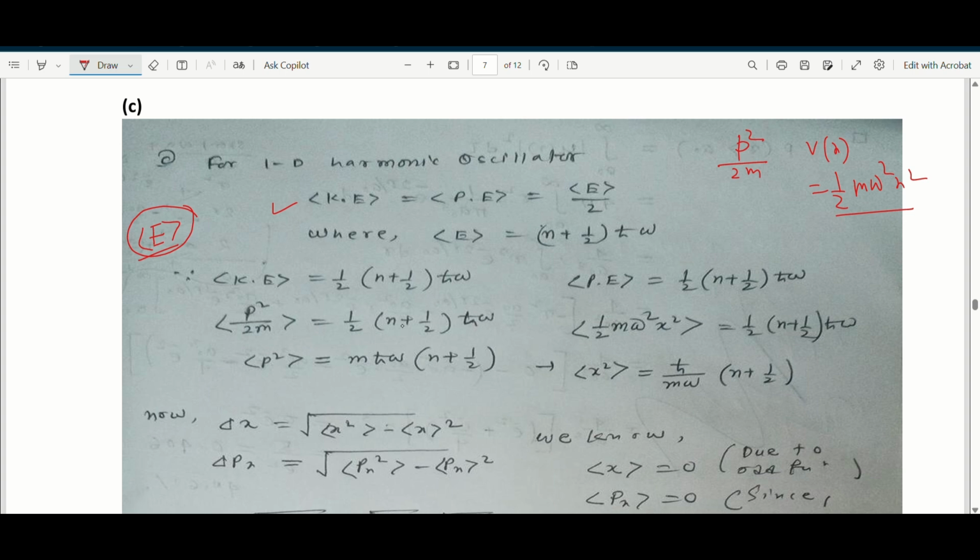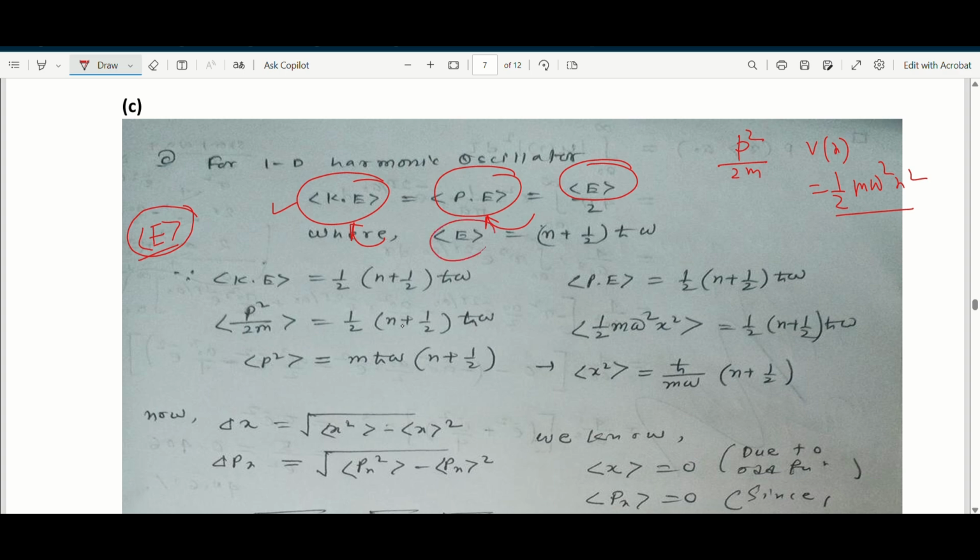That means the expectation of kinetic energy and the expectation of potential energy are equal, so each is the expectation of E times half.